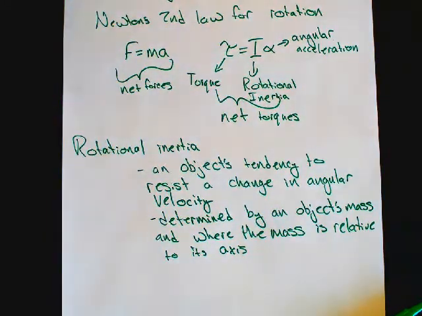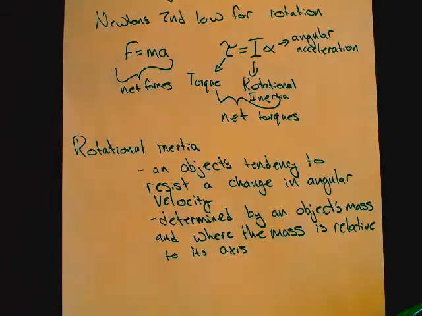A couple of things we've got here. These are a metal ring and a plastic disc, which have the exact same mass. So note, the only thing that is different about these is, well, what material they're made out of, and where the mass is relative to the axis. They've got the same amount of mass.